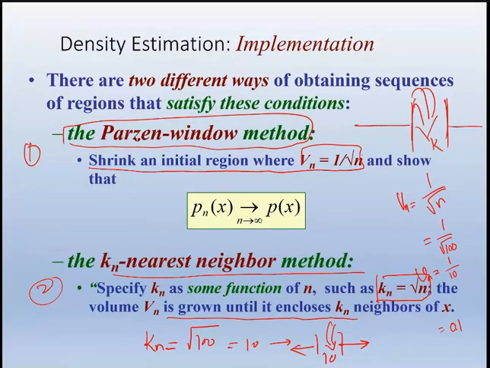As n grows, this volume will shrink. That is why it is called the shrinking window. And in the case of k nearest neighbor, as n increases, the window size also increases. So this is called the growing window.